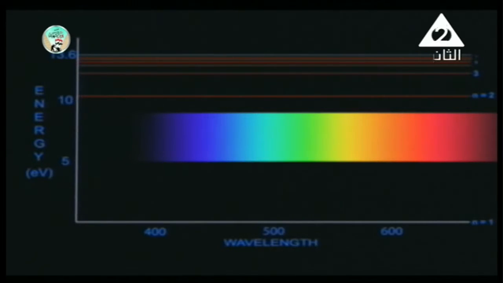In a continuous spectrum, there is something special that characterizes this kind of spectrum: the colors gradually change from one color to the next.